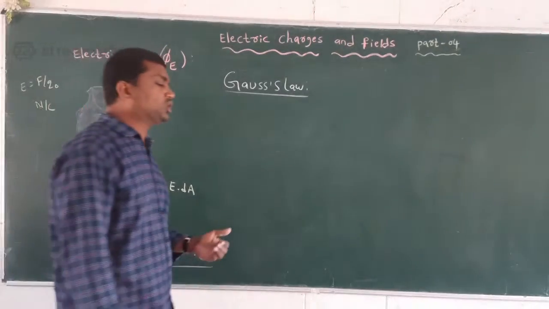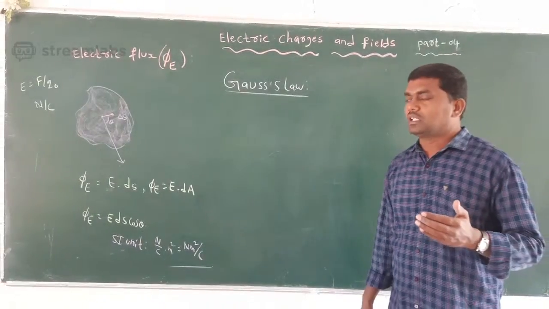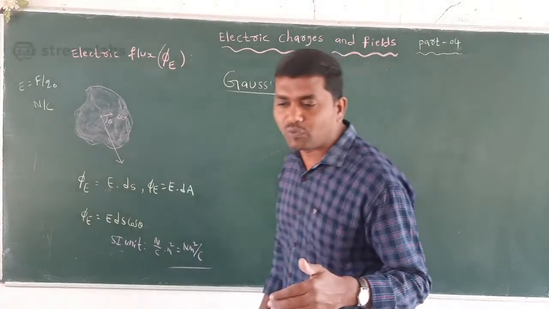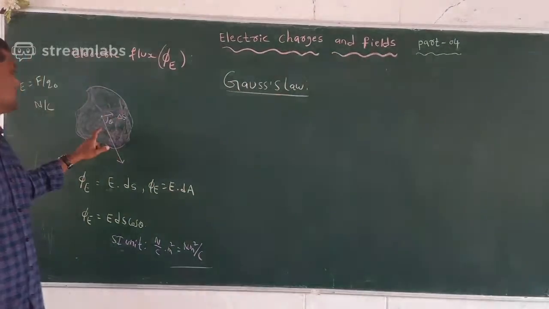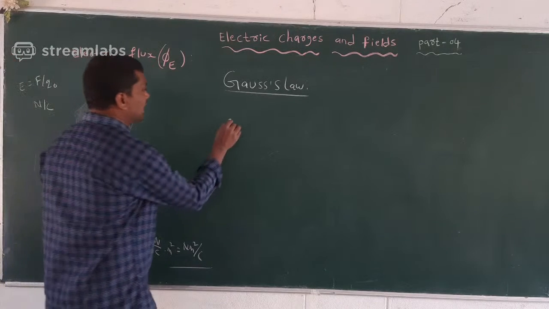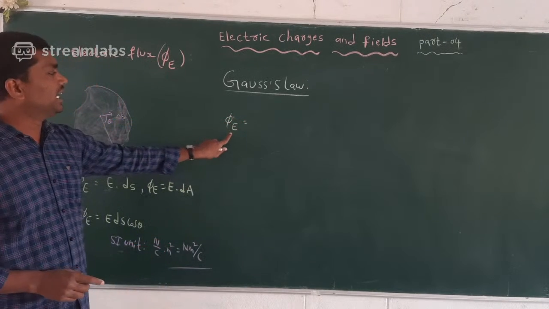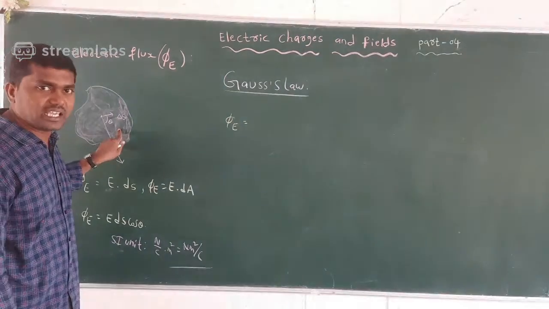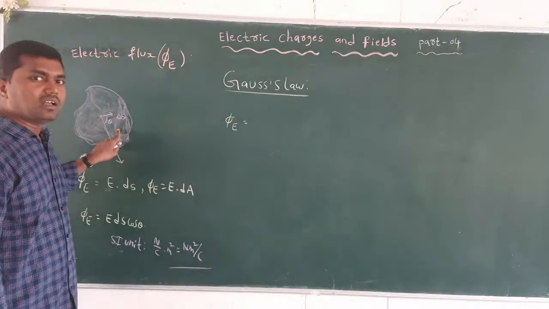So what I am saying is that the total electric flux, pi suffix E, passed through any closed surface is equal to epsilon naught times the net charge on the closed surface.